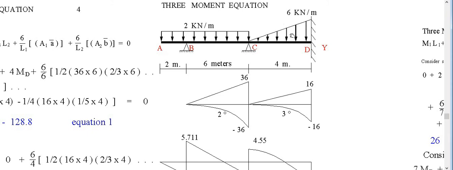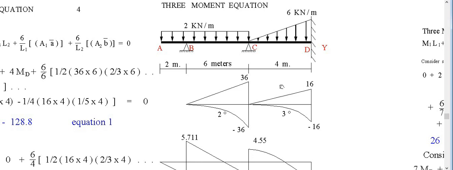One third of that goes to RC, two thirds goes to D. So total weight 12, one third of that is 12 divided by 3, which is 4. So RC is 4. Bring that here, 4 times the distance 4, is 16.